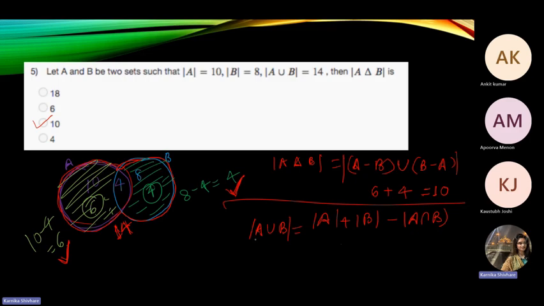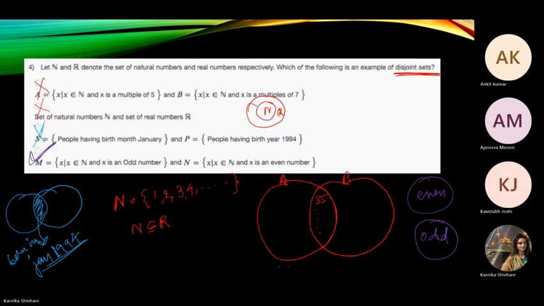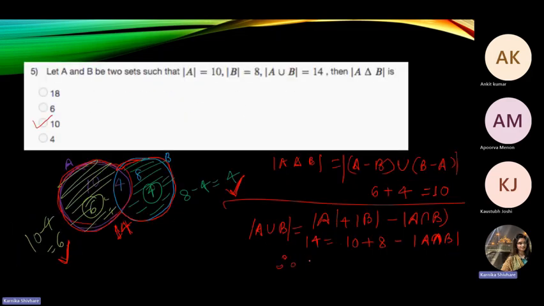So we have the statement 14 is equal to 10 plus 8 minus the number of elements in A intersection B. Therefore, the number of elements in A intersection B is equal to 10 plus 8 minus 14, that is 4.